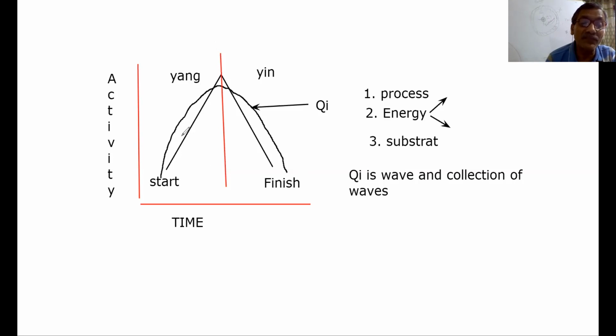One is the initial phase of the process when it has just started, and then starts the other phase, which takes you to the ultimate target of maximum activity. So on the yang side of the chi of the process, there are two different kinds of functions.